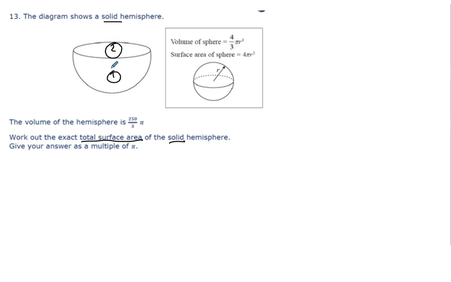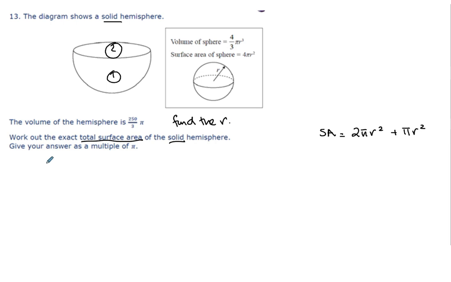So the total surface area will be the hemisphere, so that's 2 pi r squared, and then you've got the circle, and that's pi r squared. Okay, every single word makes such a difference. Okay, all right. So now you can tell, again, we need to find our r. Find the r.